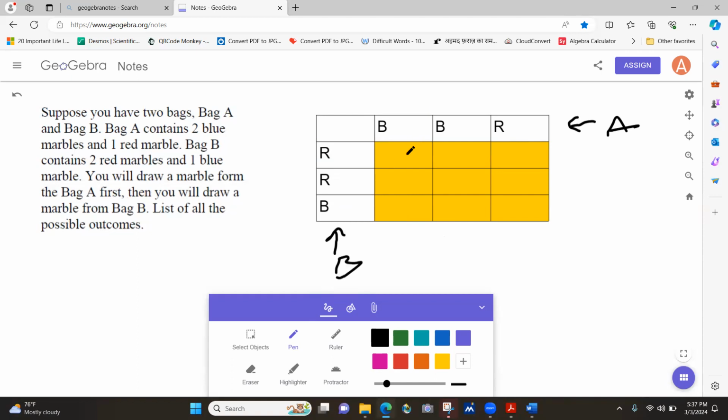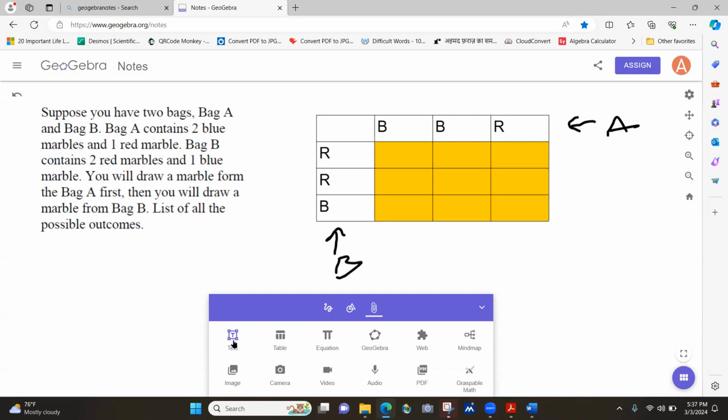If you draw a marble from bag A, you could get the first blue marble, or the second blue marble. Yes, they're identical, but you have to account for it because it'll have an impact on probability. You can't say, oh, they're identical, so I'm just going to pretend there's only one. Your first blue marble can be paired up with the red, or the second red, or the blue.